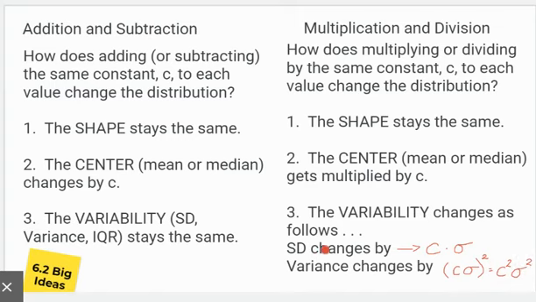So what we need to do with variability when we're multiplying by some kind of constant is, if it's standard deviation, you can just multiply by whatever that constant is. But if you're talking about the variance, you have to find the standard deviation first by multiplying and then square that standard deviation to get the variance. Because remember, variance is the square of standard deviation.